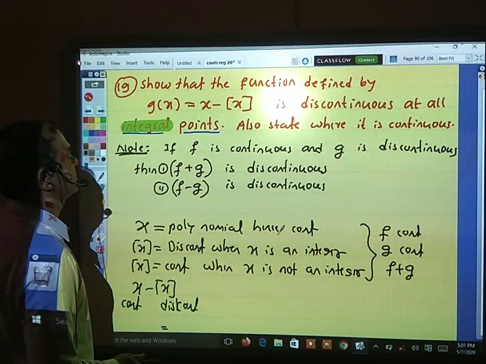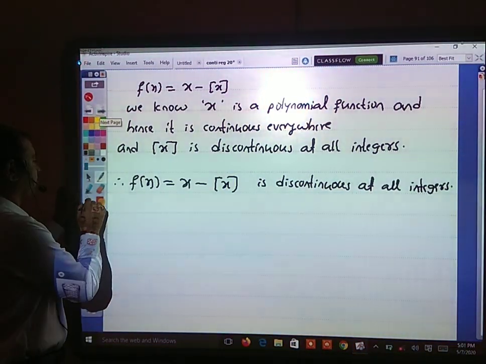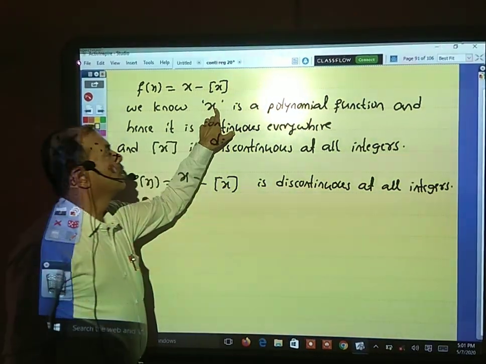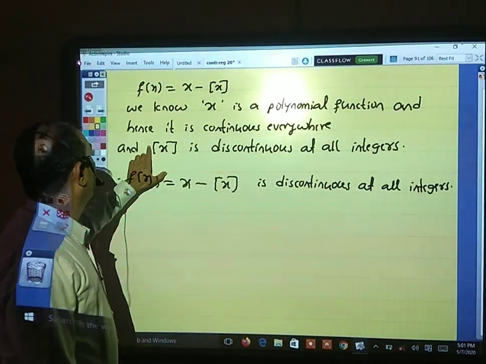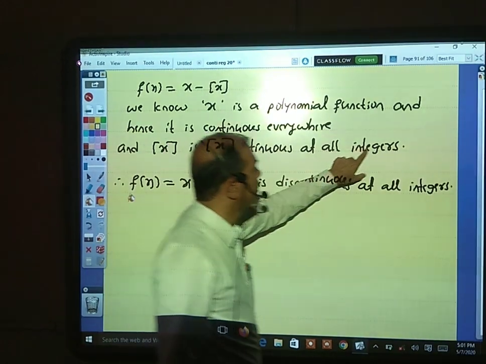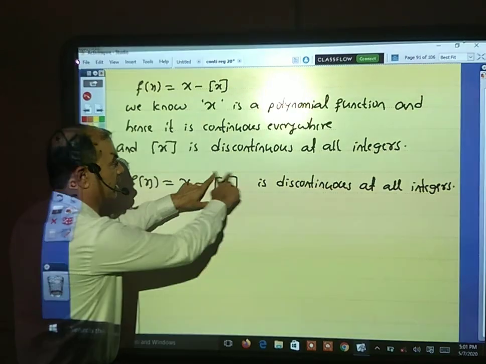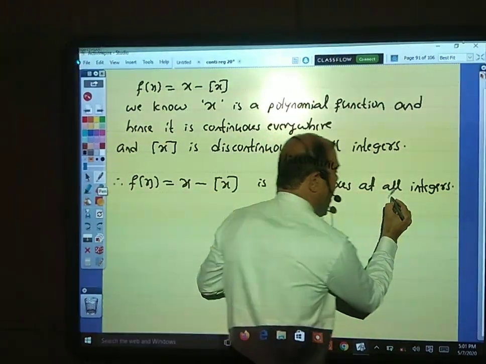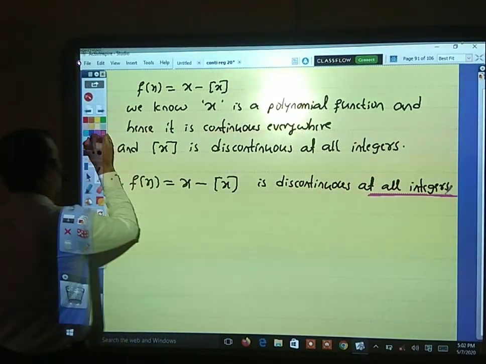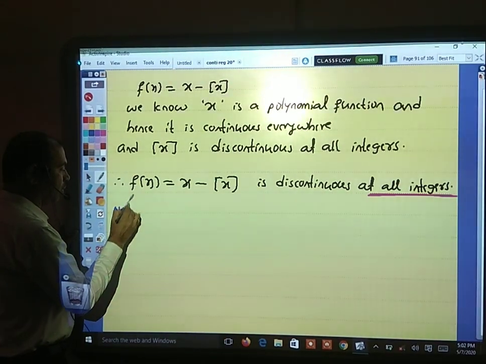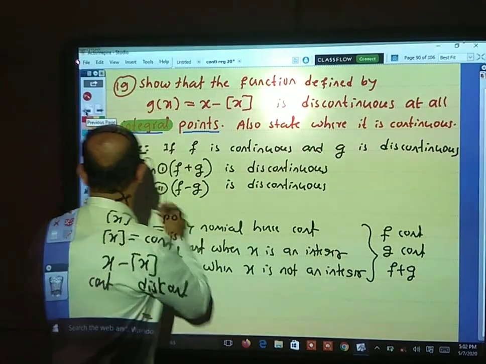So from this, what to write? The function x is a polynomial function and hence it is continuous everywhere. And the greatest integer of x is discontinuous at all integers. So therefore this function f of x equal to x minus greatest integer of x is discontinuous at all integers. Remember this, at all integers. Also state where it is continuous.